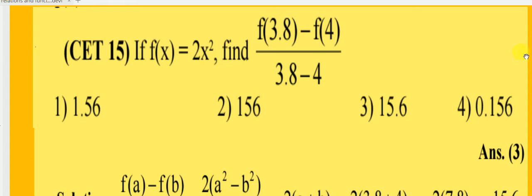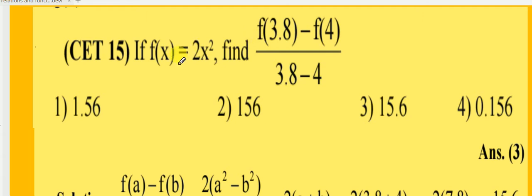If f of x is equal to 2x square, I have to find f of 3.8 minus f of 4 divided by 3.8 minus 4. So as usual, I have 4 options. Option A is 1.56, option B is 156, option C is 15.6, and option D, that is option 4, is 0.156.